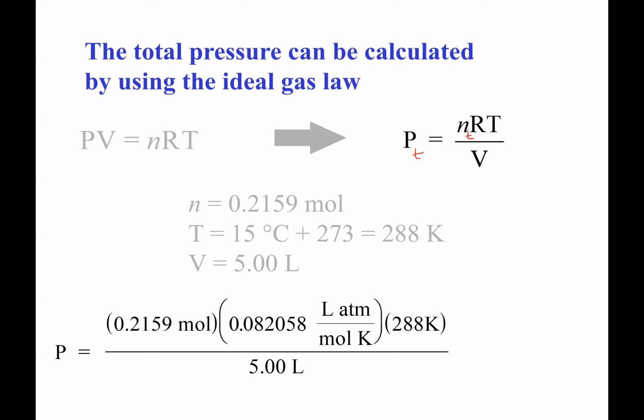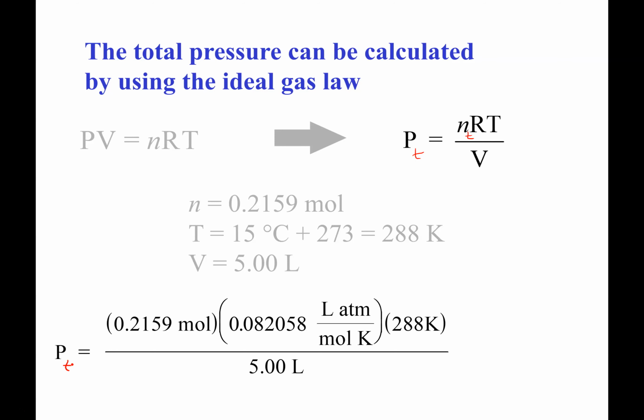So down here now, the total pressure is total moles, 0.2159 moles, times R, 0.082058 liter atmospheres per mole Kelvin, times T, which in Kelvin scale is your 288 Kelvin, divided by the volume, which we said was 5.00 liters.